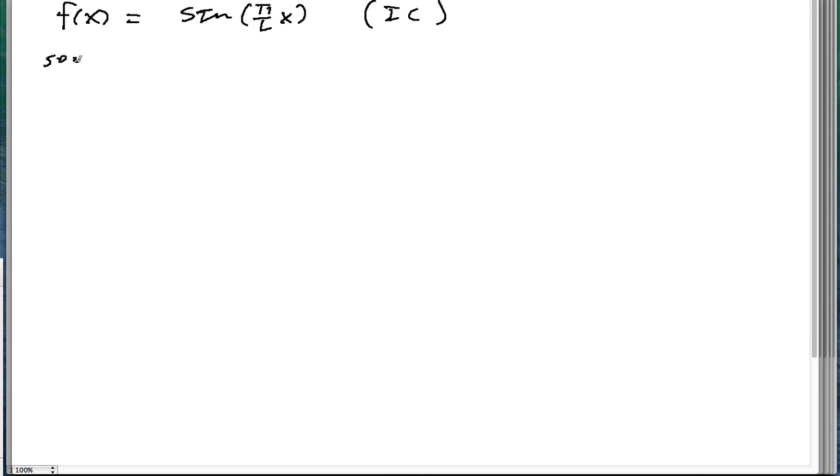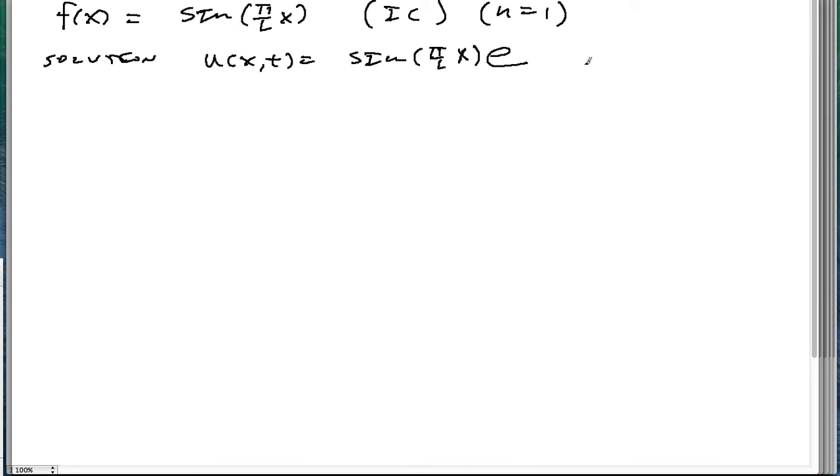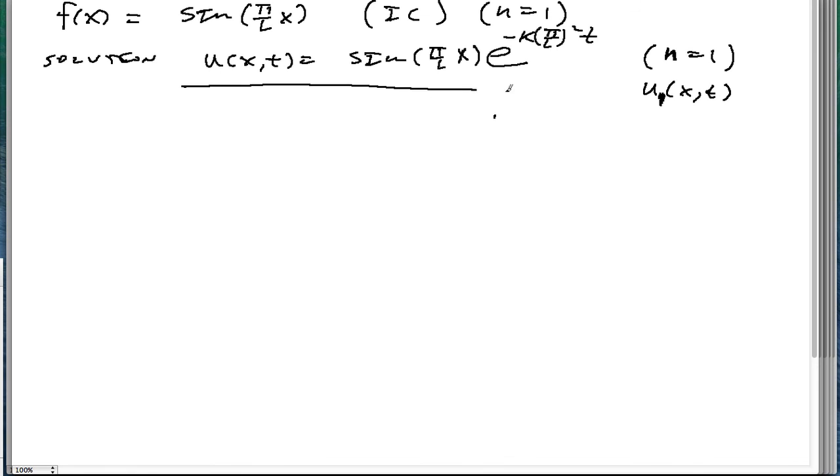So that means our solution is simply going to be u of x comma t is equal to sine pi over L x times e to the negative k pi over L quantity squared t. This corresponds to the n equals 1 eigenfunction, u1. That's what our solution is right there.